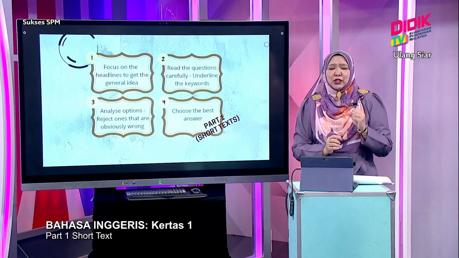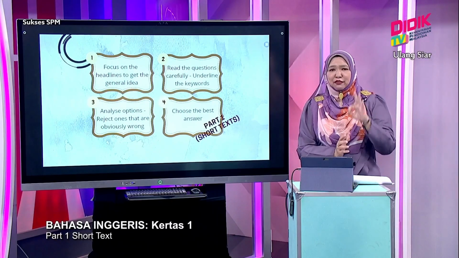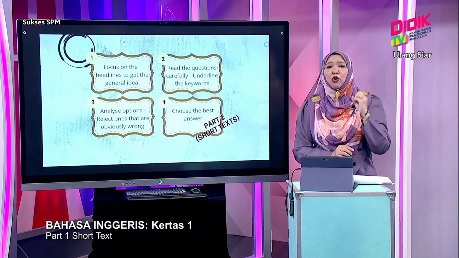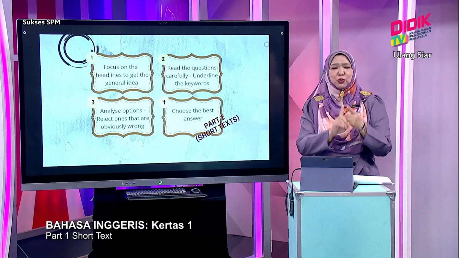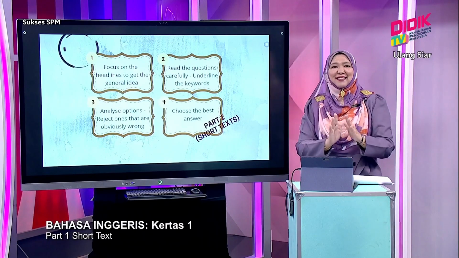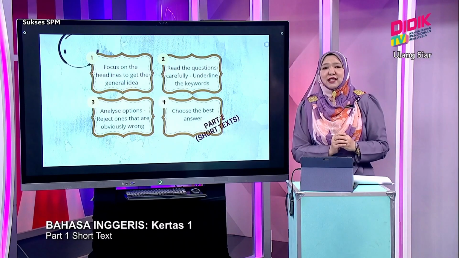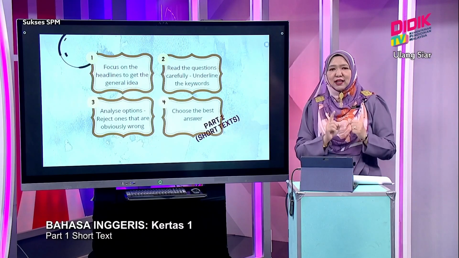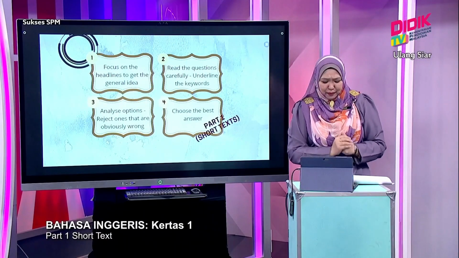Next, you have to analyze the options given. Like I told you before, we have 3 options. Analyze the options and reject the ones that are obviously wrong, meaning that you are 100% sure that it is wrong. Cross out the options that are wrong, then you will get your best answer. These are the tips and techniques that you are going to use for your Part 1.